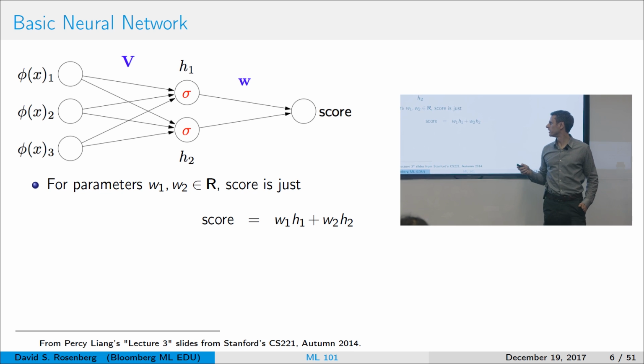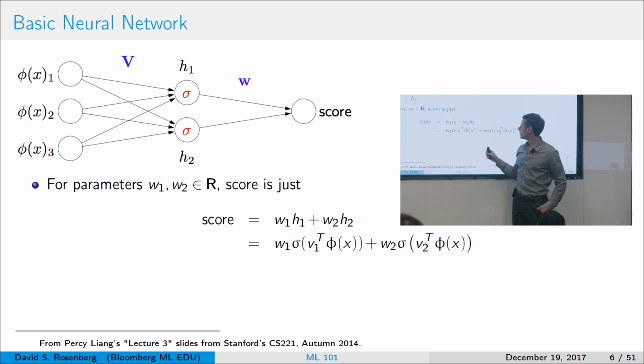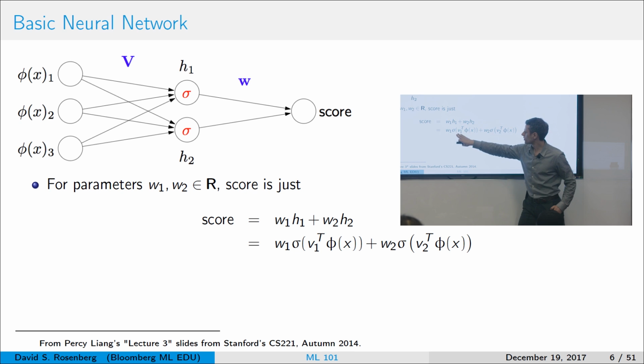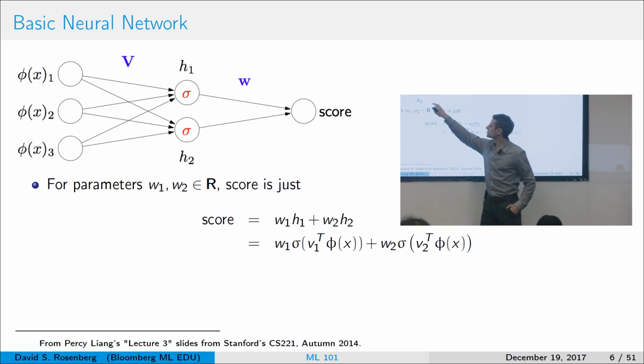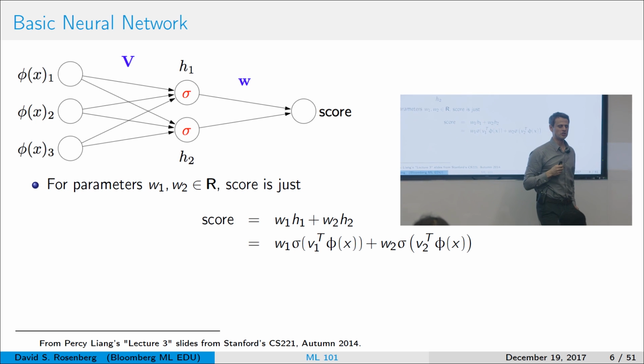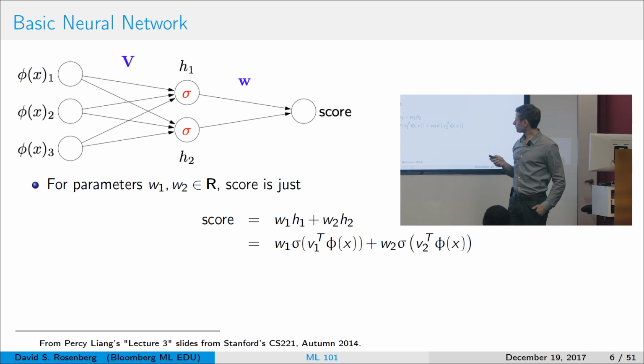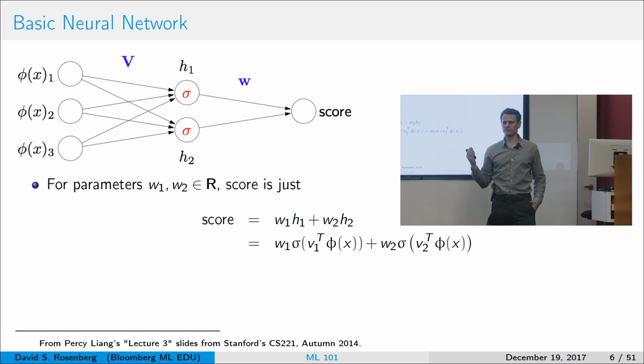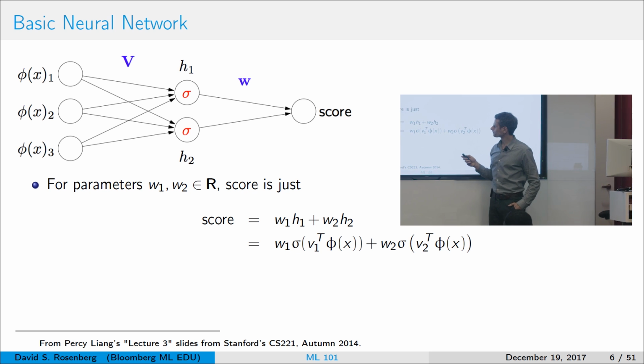So if we put it all together, the final output score is a linear combination of 2 terms. Each term is some scalar times the output of the first hidden node and the second hidden node. So each of these h's, sometimes they're called computation units. And that's what makes things different from a linear model.